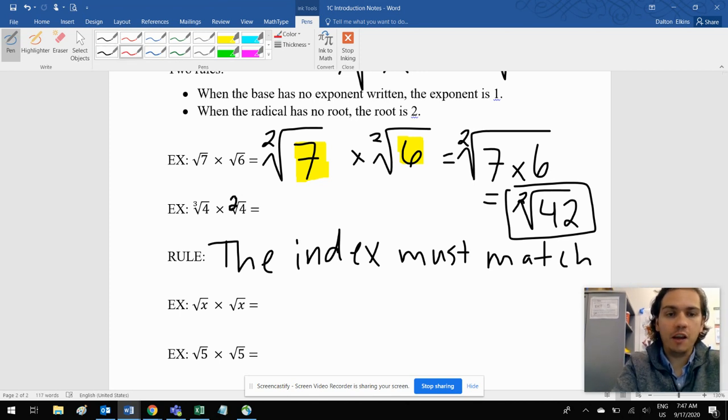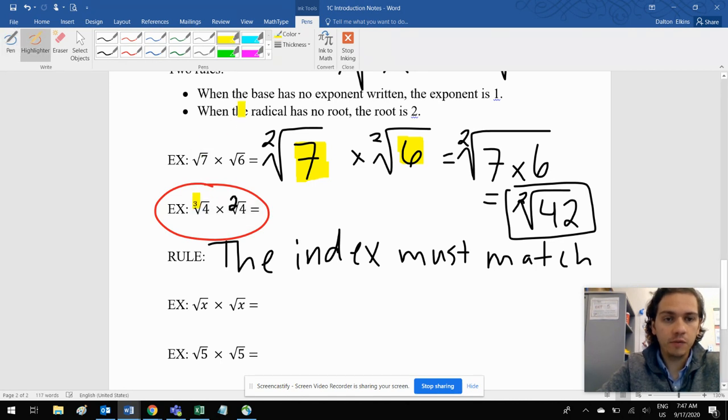So we can't do this second problem, because this has an index of 2 and this has an index of 3, and then this has an index of 2. We can't do these problems, at least not yet, not with the tools that we have. You will one day, but today is not that day.